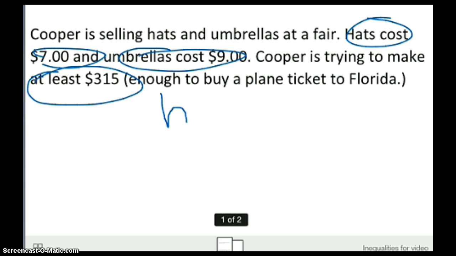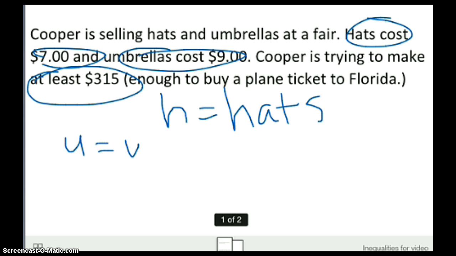Let's maybe call that H, and you could pick a different letter if you wanted. And then the other thing that we don't know is umbrellas. How many umbrellas? And I'm just going to go with U. That would be the number of umbrellas. Oh, my writing today is a little troubled. So now we're ready to write our inequality, but let's just think for a second here.